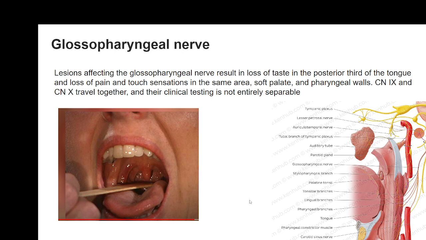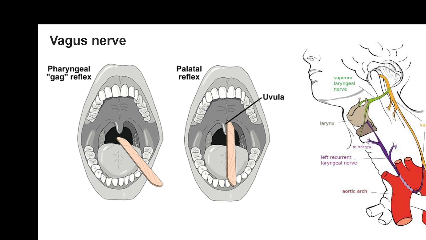Of course, the examination of the sensory component of the glossopharyngeal and vagus nerves is almost the same, and they are not separated as such.